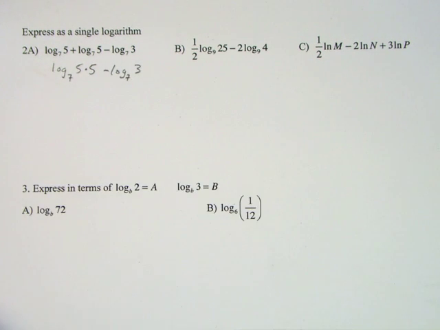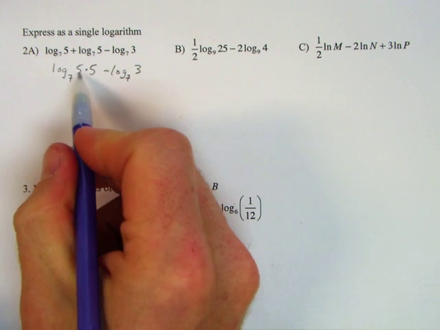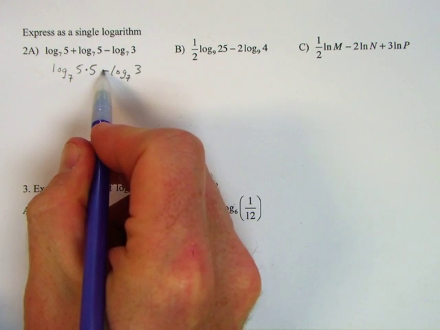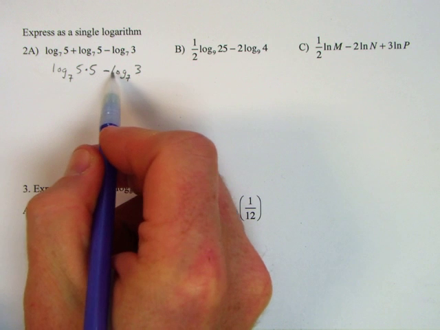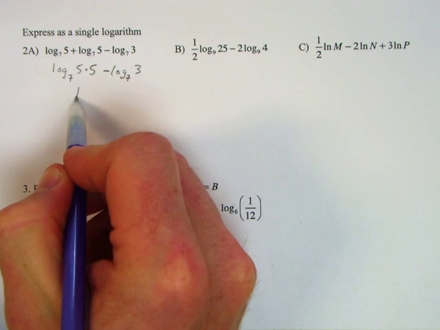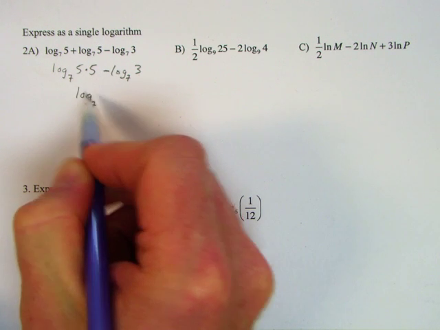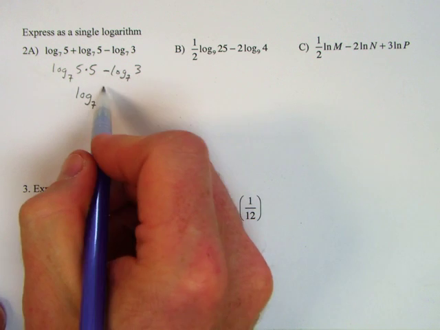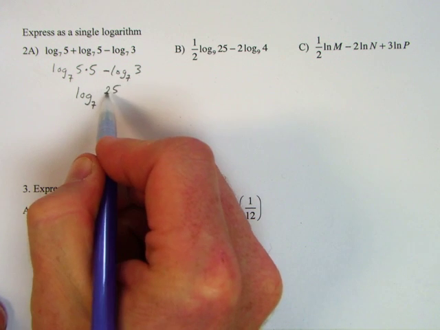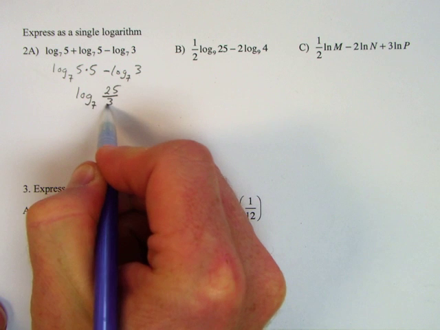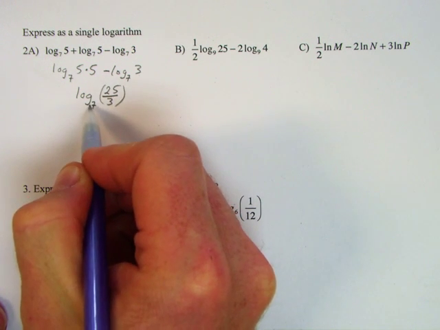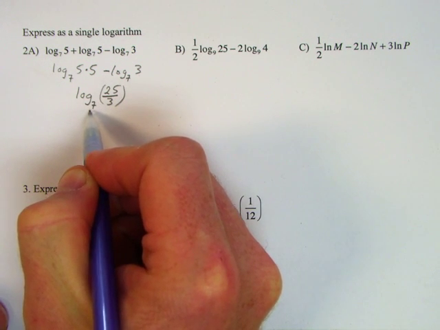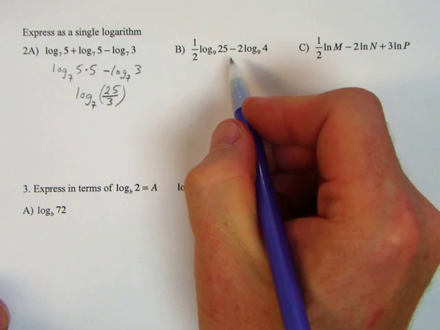And that's 25. Now when we're subtracting the logs, that means we're going to divide within one log. So log base 7, again, the bases have to be the same here. So we have log base 7 of 25 over 3. Now remember to write the 7 at the bottom of the log. It's not at the same level.